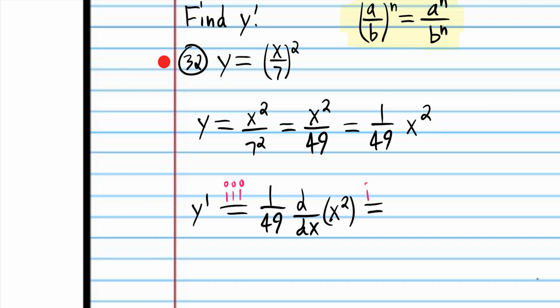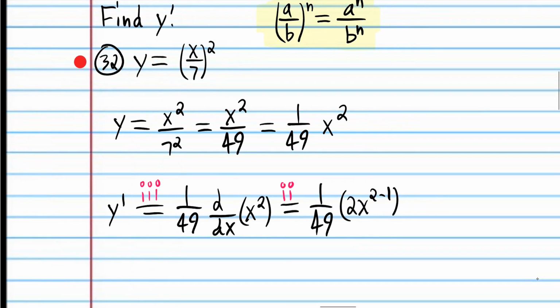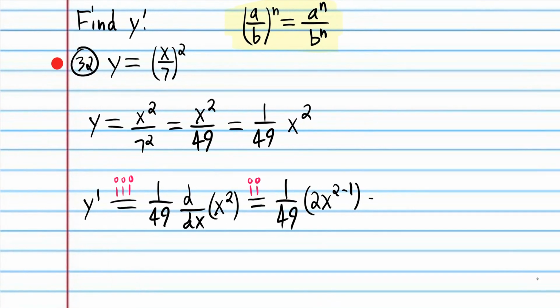So then we can use the power rule, and we have 1 over 49 times the derivative of x squared, and we get 1 over 49 times 2 times x to the 1 power.